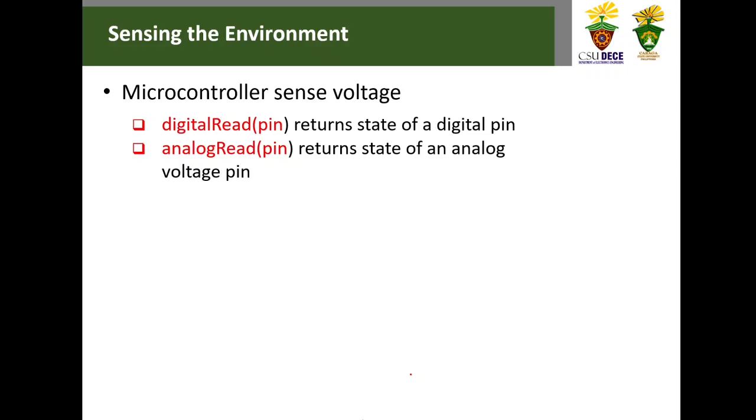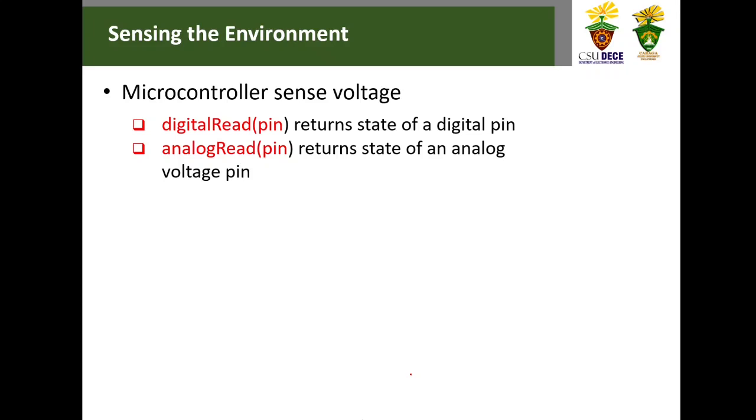So for example, na-press ang button, logic 1 or high na siya. So we can use digitalRead to read unsa nga state, unsa na siya, high or low. And also for analogRead, we can use this syntax para mabasa nato ang analog nga voltage pin.